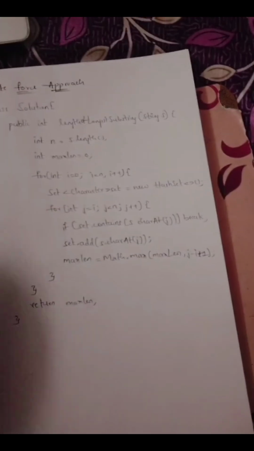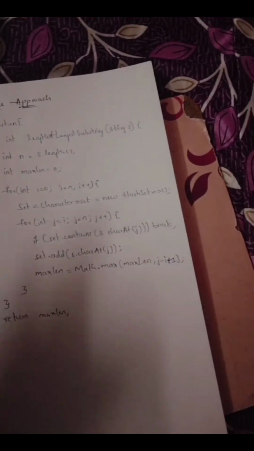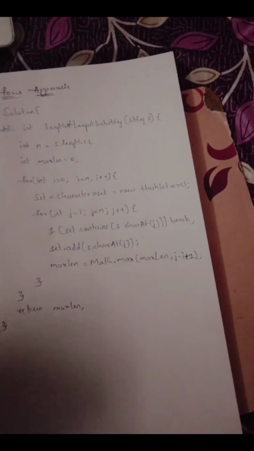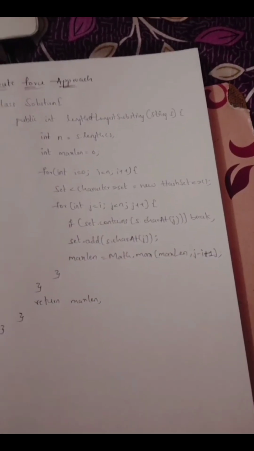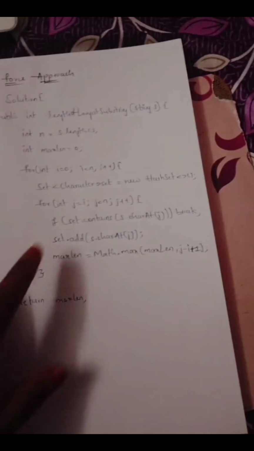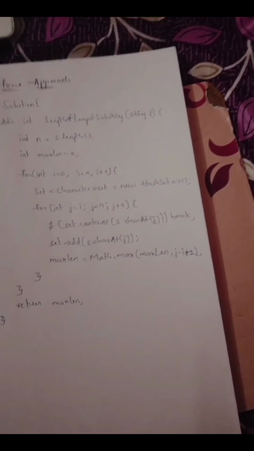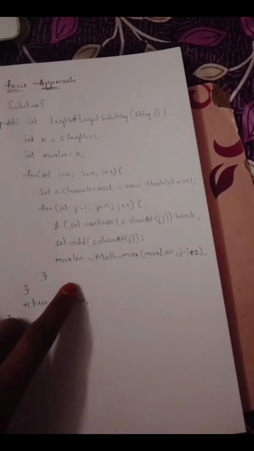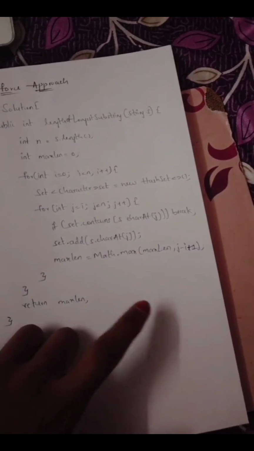If the set contains the current character at the jth index, then we're going to break, which means it stops. If a duplicate character is found, it stops, and if it is not present in the set, we are going to add the element at index j of the string, and then we'll update the maximum length by j minus i plus 1.